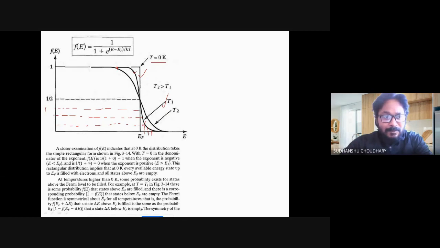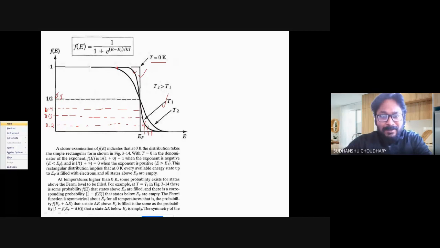Let us say this is 0.4, and this is, let us say, 0.3, similarly this is 0.2, and at this point it is 0.5. So the probability of finding an electron is there, but it is decreasing as E is increasing, that is, as the energy level is increasing.